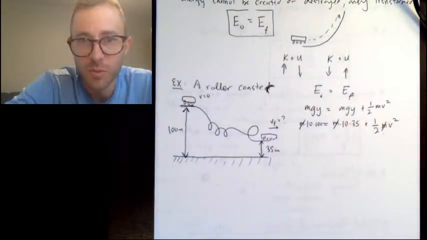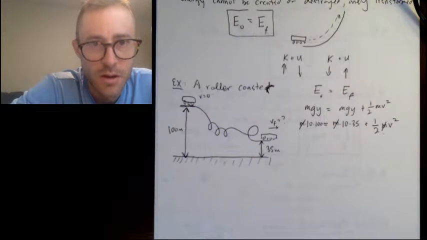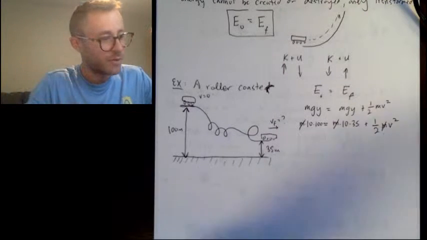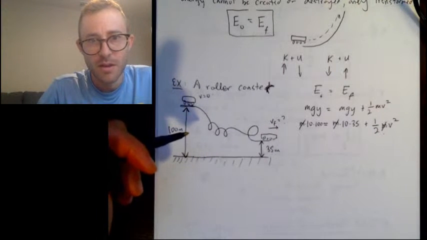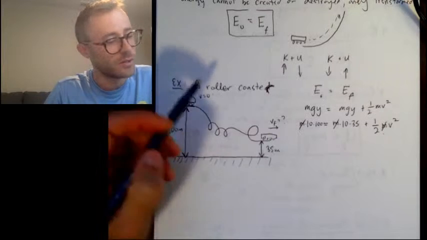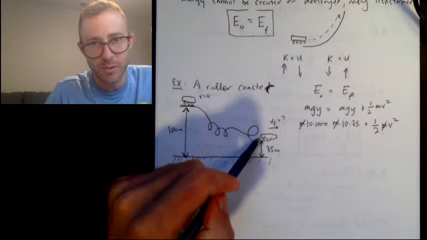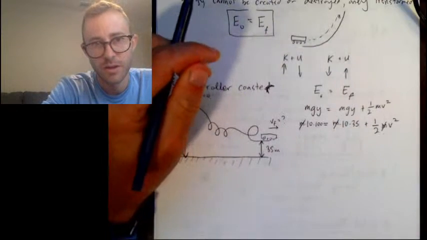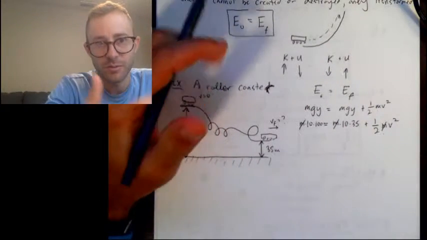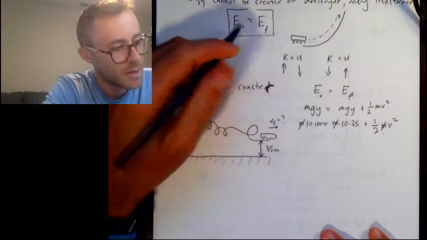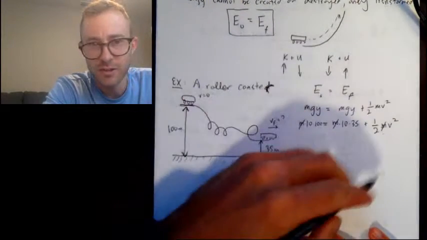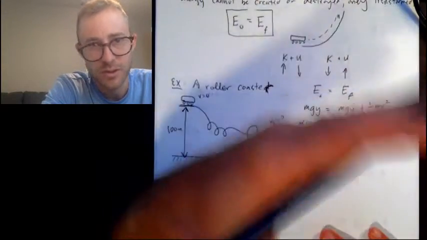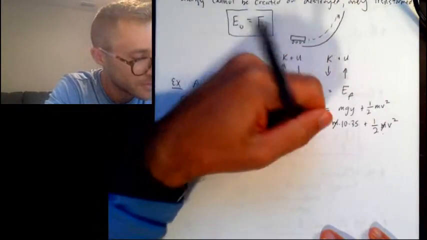So the mass of the roller coaster cart, although we couldn't calculate the actual amount of gravitational potential energy without knowing the mass, we can still figure out how fast it's going to be going once it reaches here, because the mass cancels out of the key equation that we use to solve it. It's not always going to cancel out, as we'll see in the next lesson, but for this one it does.